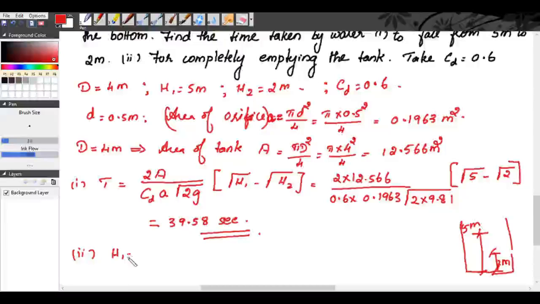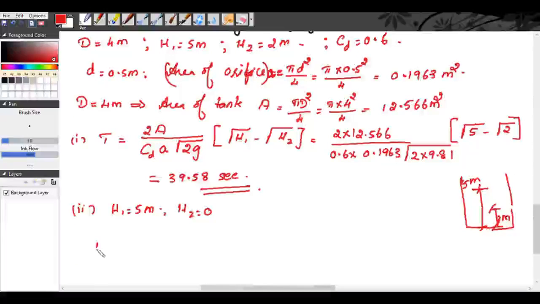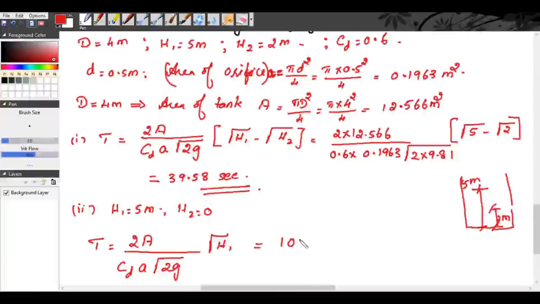So H1 becomes 5 meter and H2 becomes 0. So the time required is 2A by CD into small a into root of 2g into root of H1. So substituting the values, we get the time required to completely empty the tank is 107.7 seconds.